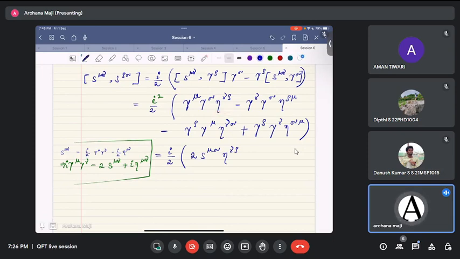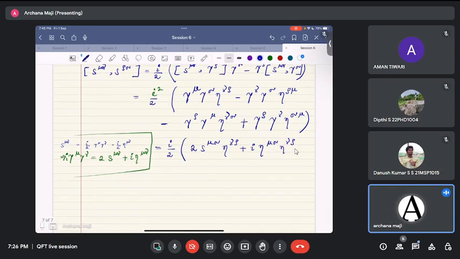Then the next term, that is this one, will be plus i gamma, sorry, we are replacing gamma mu sigma, so we have eta i eta mu sigma eta nu rho. Okay, that is the first term.